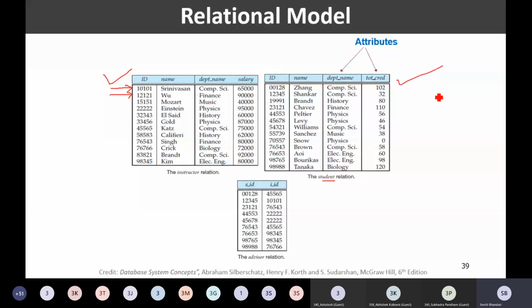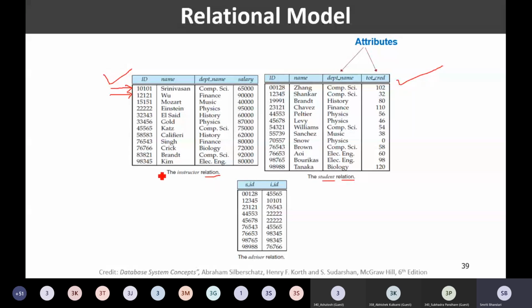Similarly, if I would like to relate these two entity sets, in the ER diagram these were the entity sets. In the relational model we have 2 tables actually storing the data. In the relational model these tables are known as relations. Every table is known as a relation in the relational model, and that is why the name relational model.